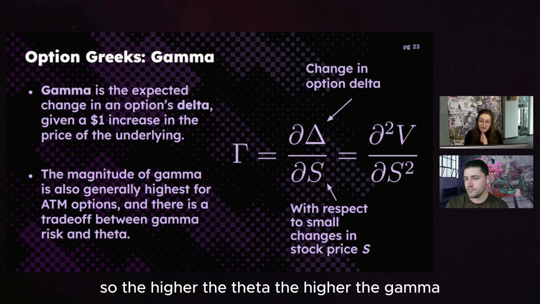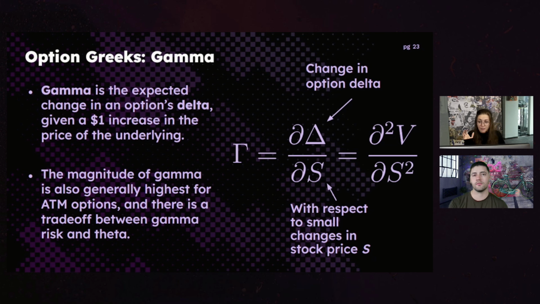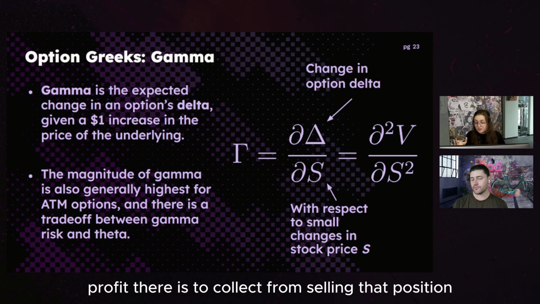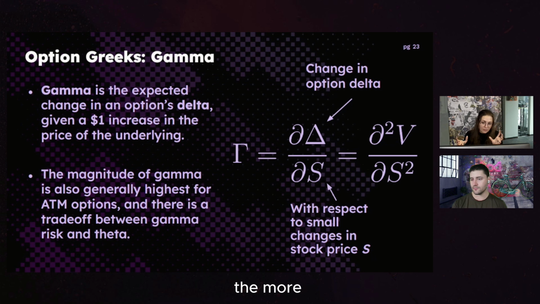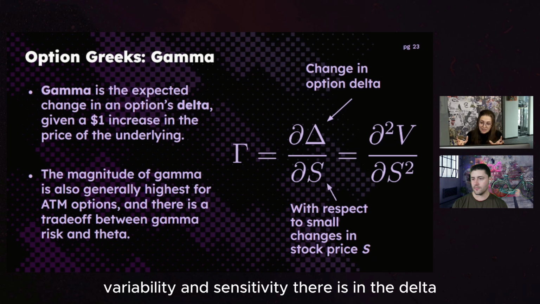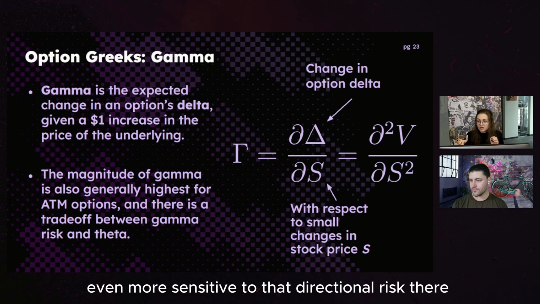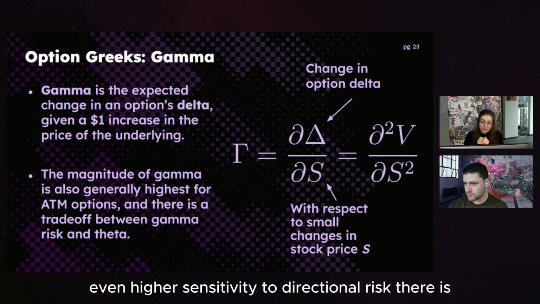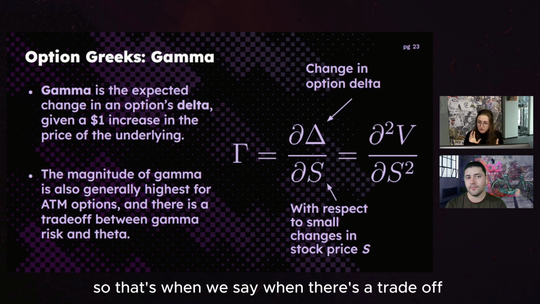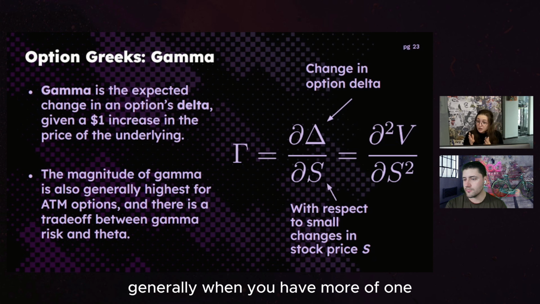The higher the theta, the higher the gamma. The more potential profit there is to collect from selling that position, the more variability and sensitivity there is in the delta, so the higher the sensitivity to directional risk. Generally, when you have more of one, you have more of the other.